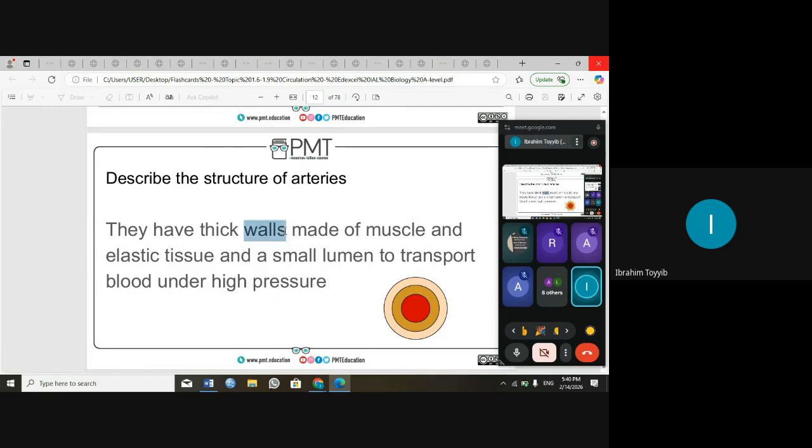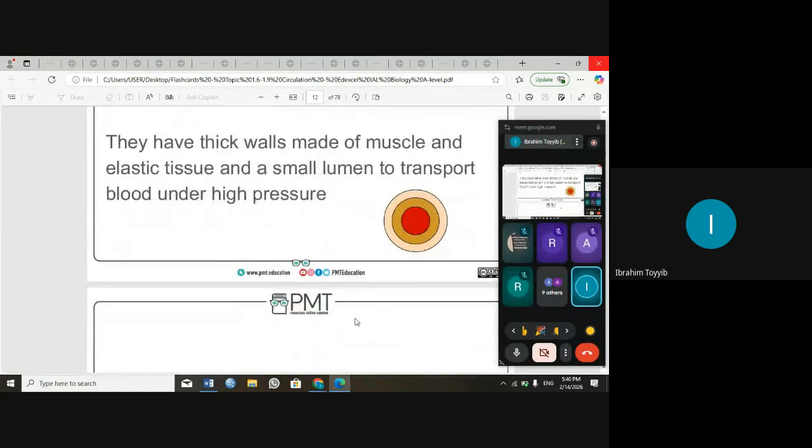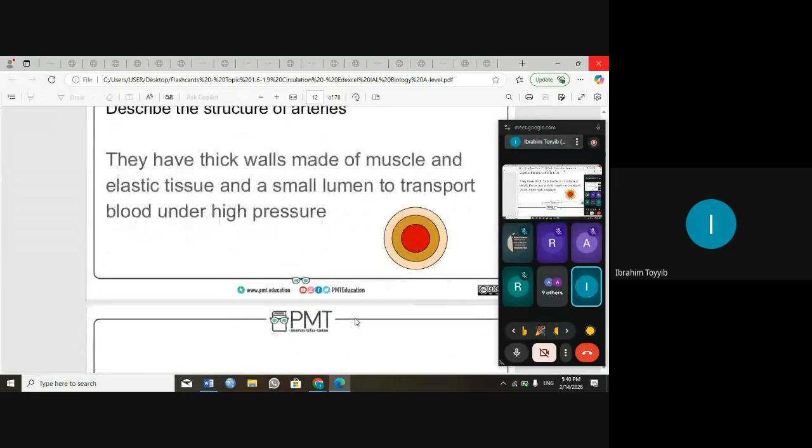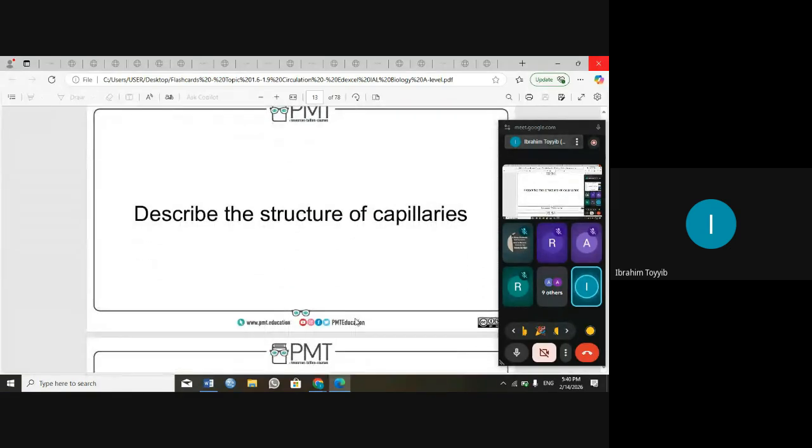Pick this. They have thick walls made of muscle and elastic tissue and what? A small lumen. So they transport blood at high pressure. So veins have what? A larger lumen, and they transport blood at low pressure.